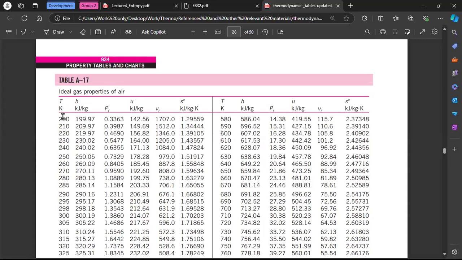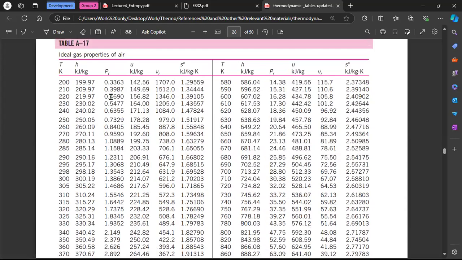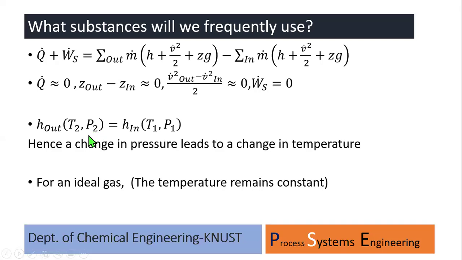Realize that for the ideal gas tables, the properties are given at certain temperatures, not at pressures, because the effects of pressure on enthalpy for ideal gases can easily be neglected. So we work with temperature more. And if we are saying that the enthalpy before and after have to be the same, and we are not considering pressure, we're only considering temperature, then it means for the ideal gas, the temperature before and after has to be the same in order for the enthalpy before and after to be the same. Please, does that make sense?